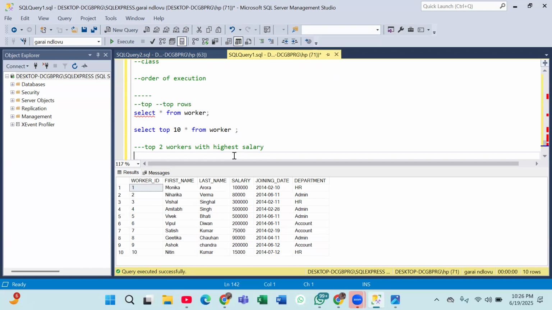Correct, Sumit, correct. Okay, so no one is able to do this?